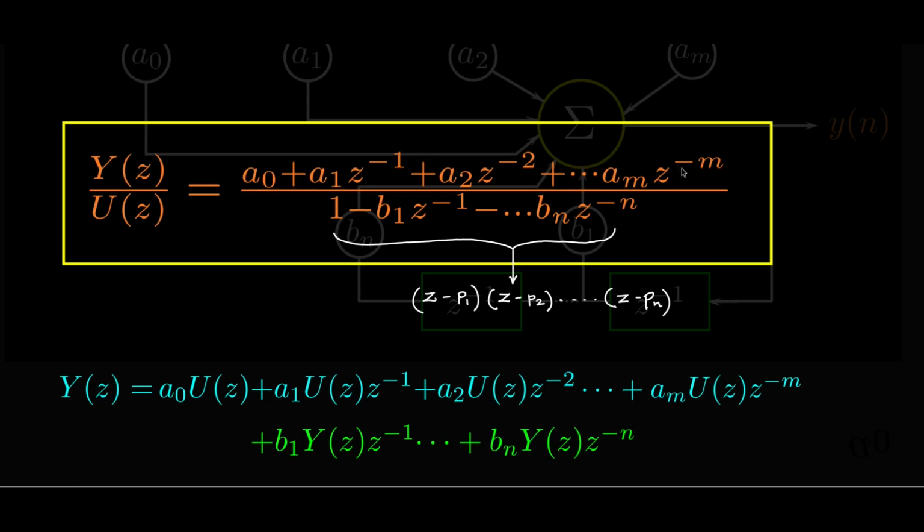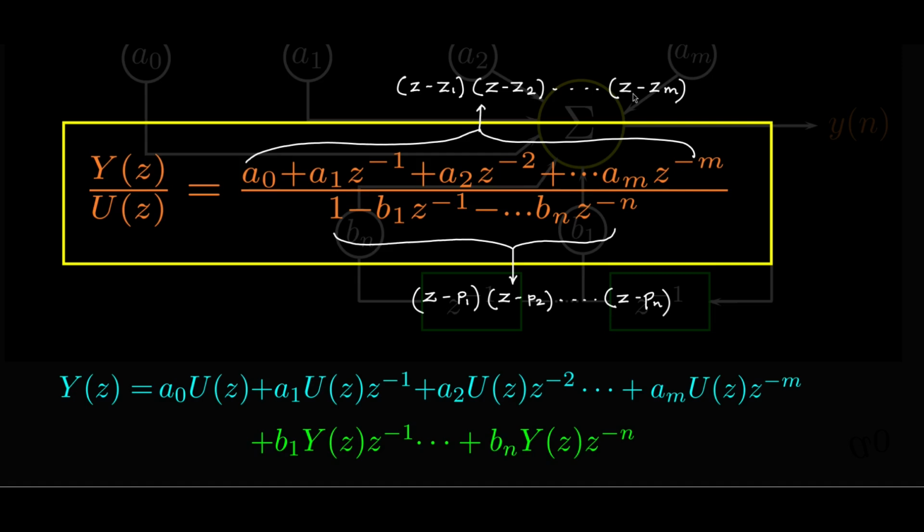Likewise, the numerator also can be brought into the root form: z minus z1, zero 1, z minus z2, zero 2, so on, z minus zm. There are m zeros. So use the pole zero form whenever you are trying to visualize in the z plane, and whenever you want to do the design, you can place the poles and the zeros appropriately to get the characteristics that you want.